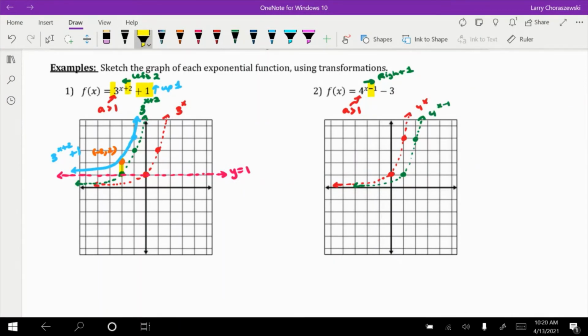And what's the last transformation? Down 3. Yep. All right, so I'll take those 2 green points, move them down by 3 units. The horizontal asymptote also has to move down by 3 units, and it's going to cross the y-axis at y equals -3.